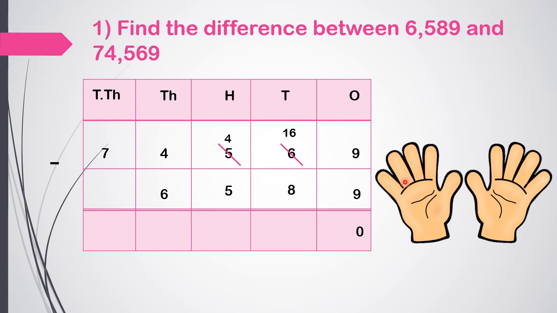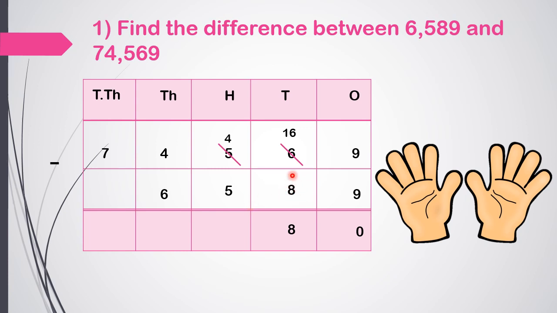What is after 8? So 9, 10, 11, 12, 13, 14, 15, 16. Here we got 16. So how many fingers did we use? 1, 2, 3, 4, 5, 6, 7, 8. So the answer is 8.